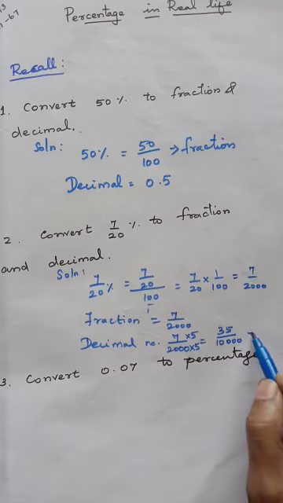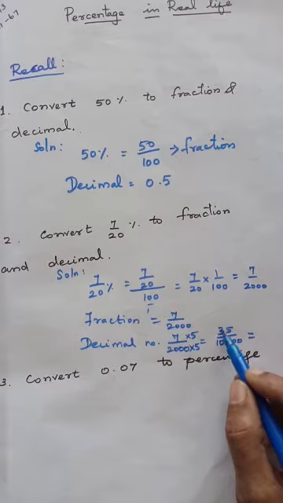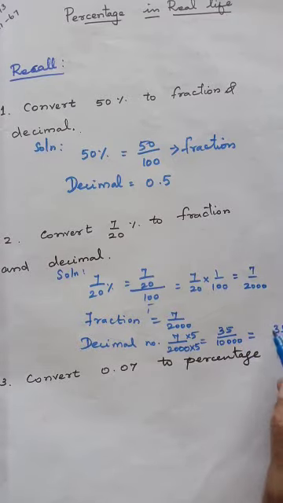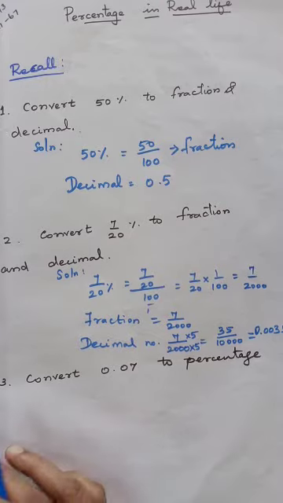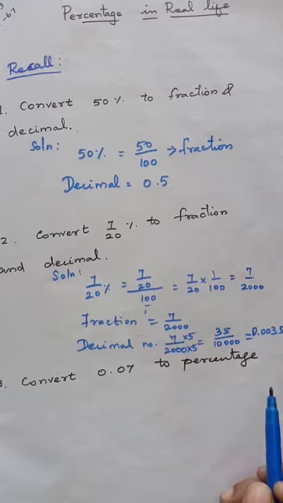Now the decimal of this number is 1, 2, 3, 4 places. So this is the decimal number, 0.0035.